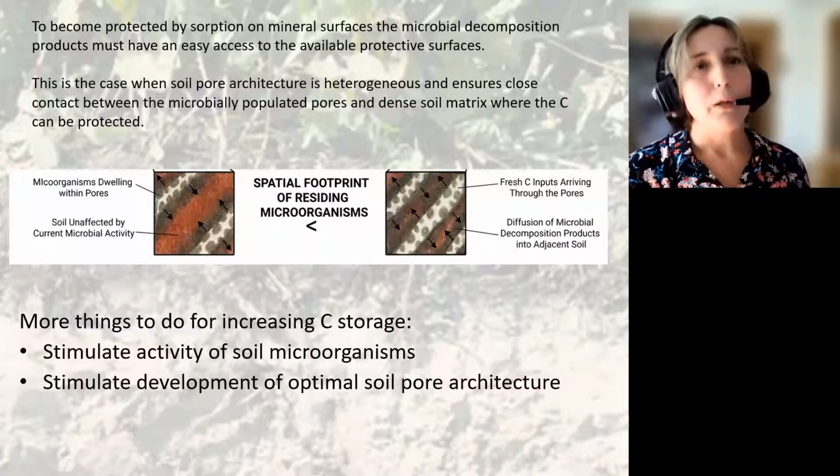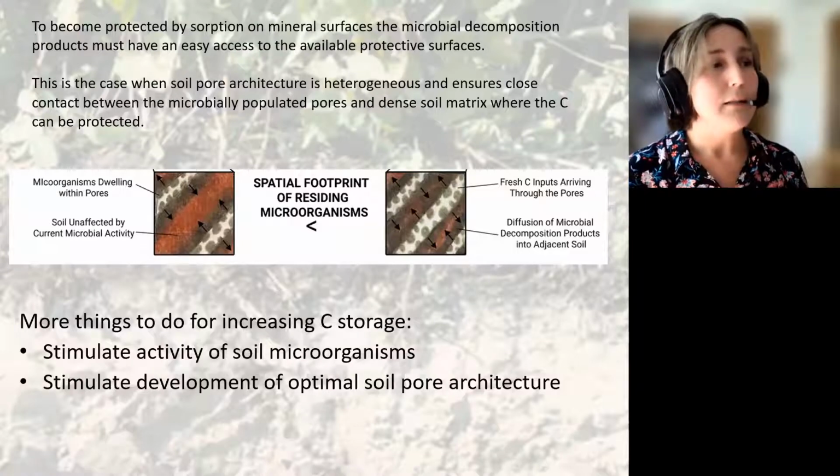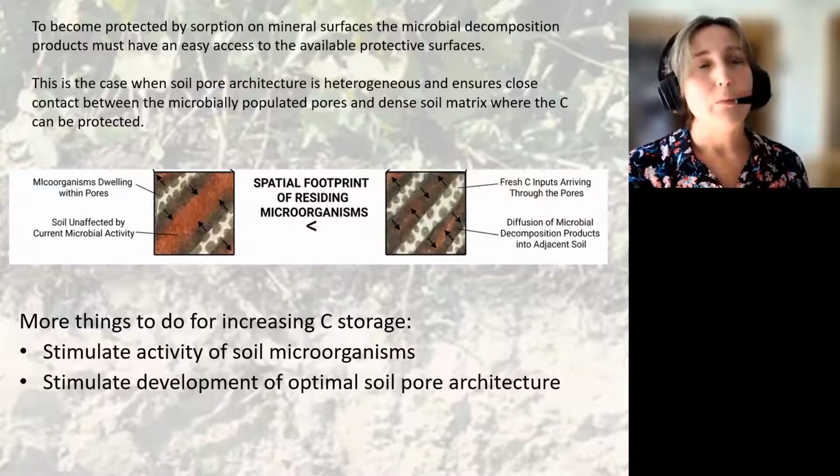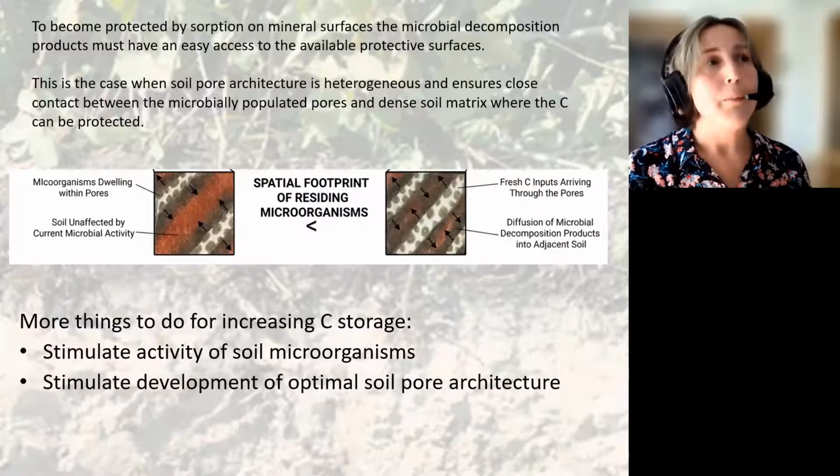So to keep in mind, what we can do to increase soil carbon storage by increasing that protection is, again, stimulate, counterintuitively, the activity of soil organisms and stimulate development of optimal soil pore architecture.